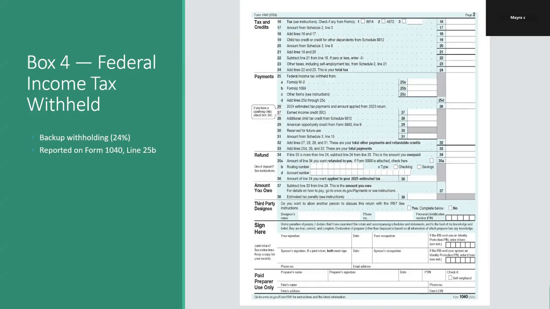And then on 25B we're going to have the tax withheld from our interest and from other 1099s, 1099-DIVs, any other 1099s. Not all investment companies are withholding taxes. It all depends, but when you receive that source document, it will tell you.